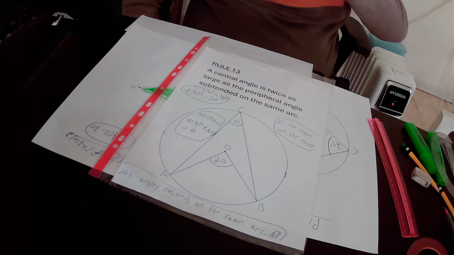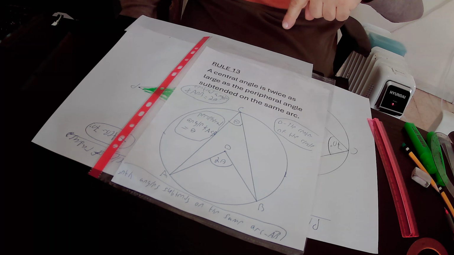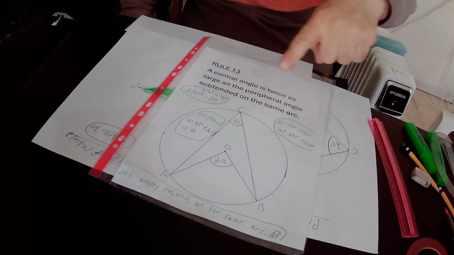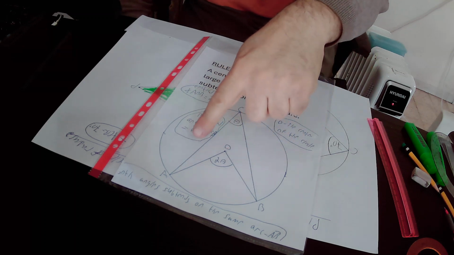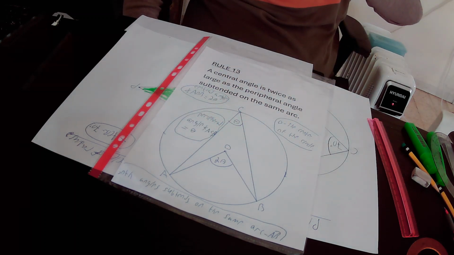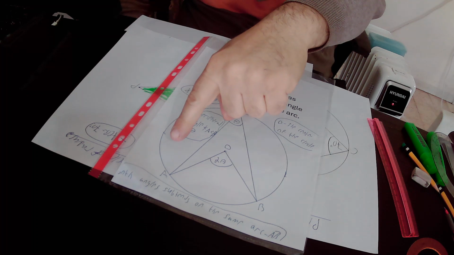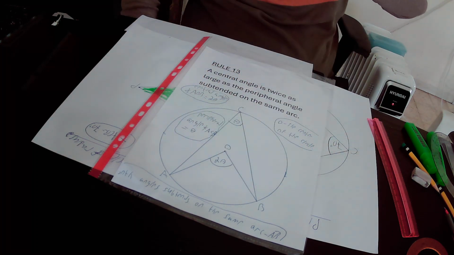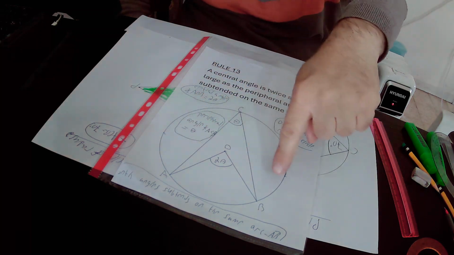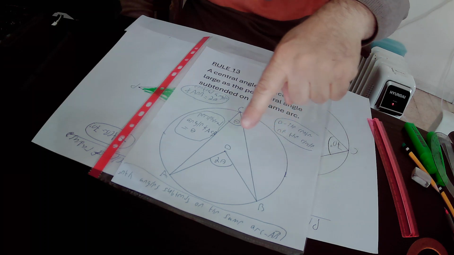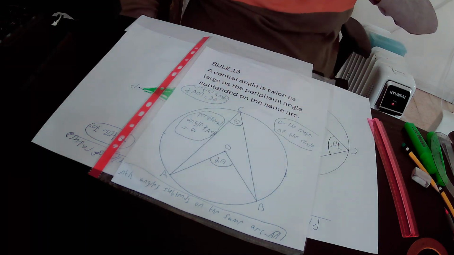So in the drawing, we have a circle. Inside this circle we have peripheral angle ACB. This is peripheral angle ACB, which is subtended on arc AB. In addition, we have also the central angle AOB. The central angle AOB is subtended on the same arc AB.